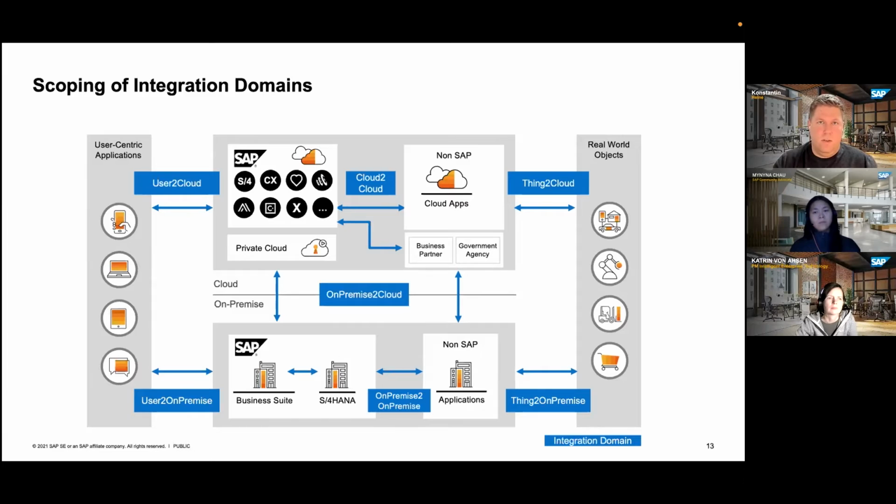And I bet also if you're running an on-premise landscape with minimum one cloud solution, of course, also the on-premise to cloud domain is in scope. And this will be, for this webinar, my example that I will execute with you. So to summarize, we have in total 7 integration domains, and the very first step is to scope the domains based on what you use as a company.